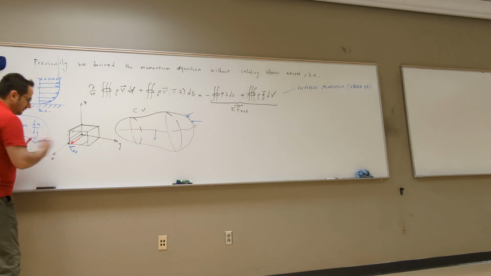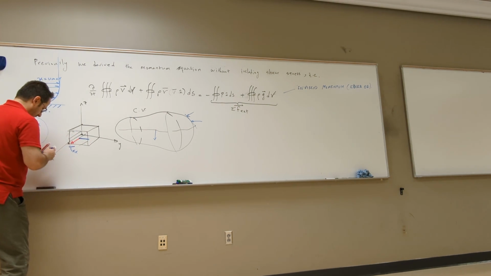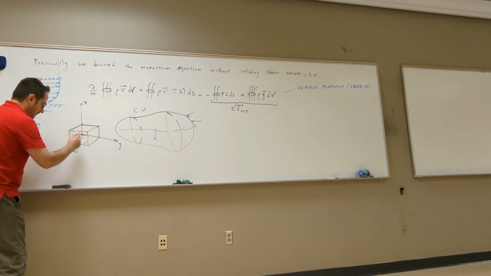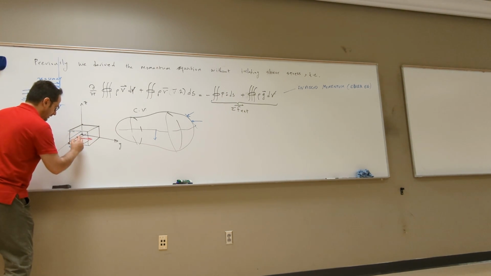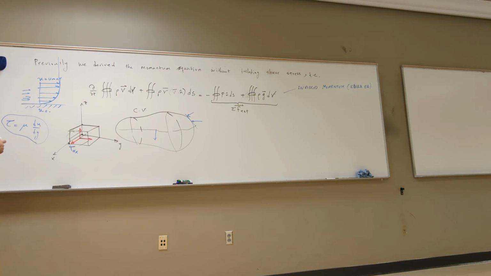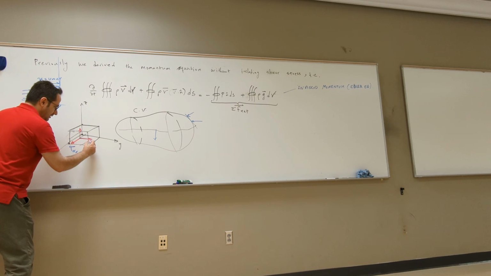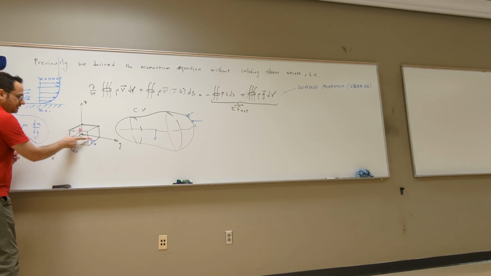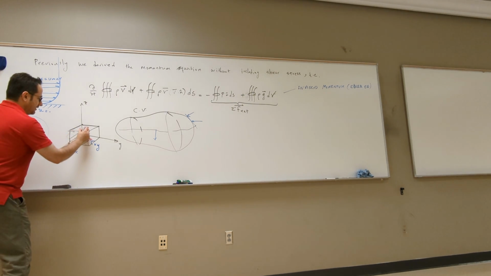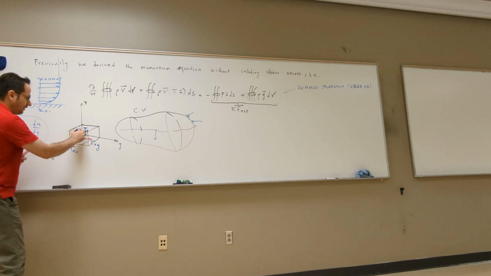There is another one this way. So the second one is the shear stress in the x-plane, but in the y direction. And the last one is the shear stress in the x-plane, but in the z direction. So the first subscript is the plane.